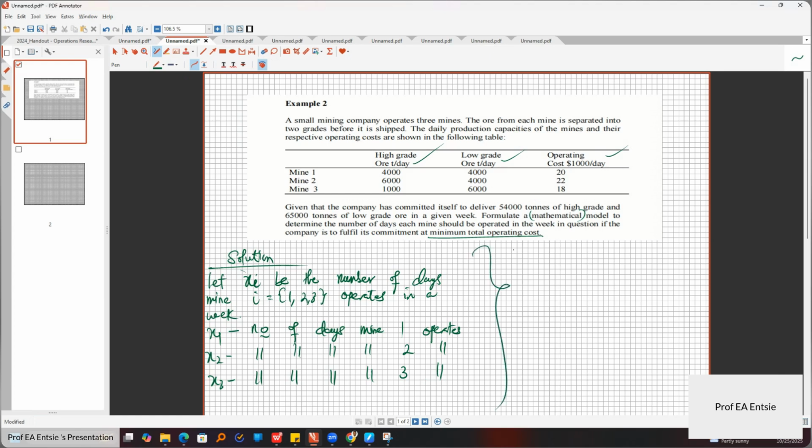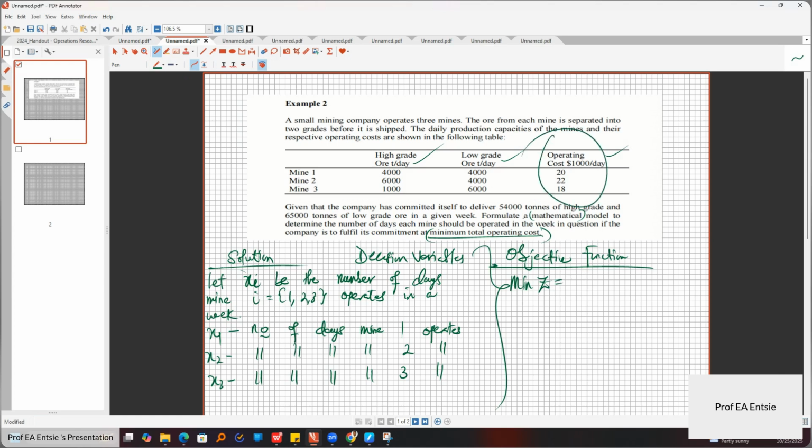Then we come to the objective function. That's the main thing the problem is asking us to do. Alright, so for the objective function, I will have minimize, because it's coming from here. Minimize Z, where Z is the cost function. We are minimizing the cost.